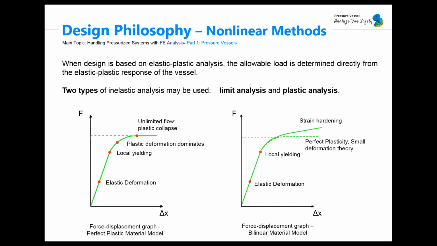As the loading continues, equal increments of load cause increasingly greater plastic deformation, and the plastic zone expands to equilibrate the internal and external stresses with the externally applied forces, until a stage is reached when no further expansion of plastic zones can occur to accommodate the applied load increase, and this is called the limit load. So basically we are talking about the region of unlimited flow, which describes the plastic collapse.